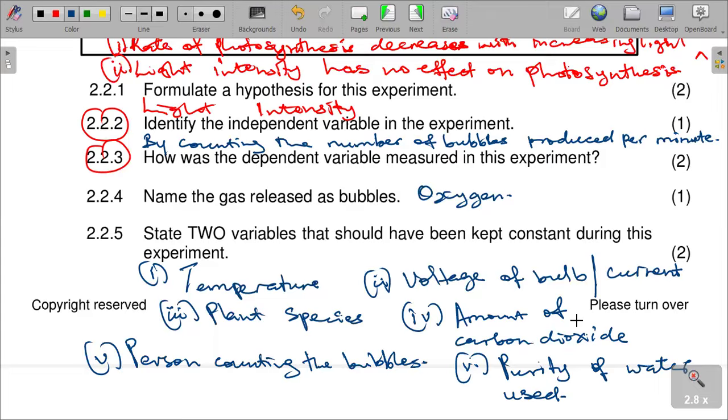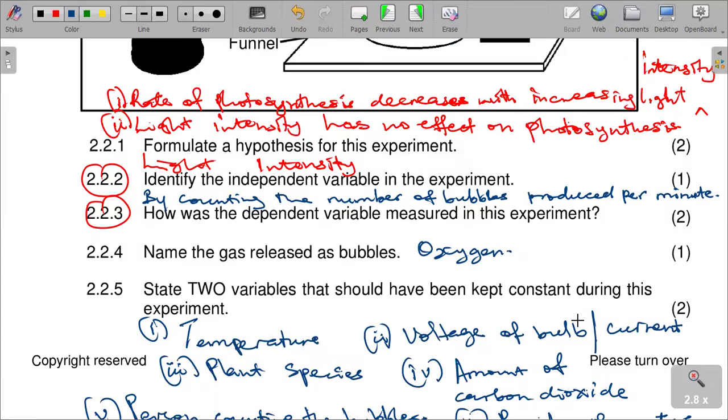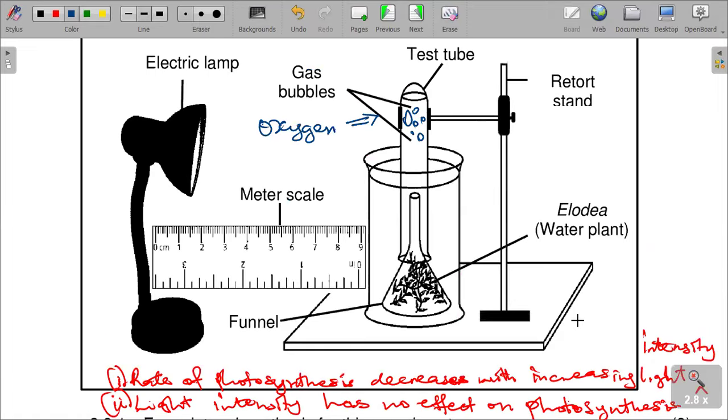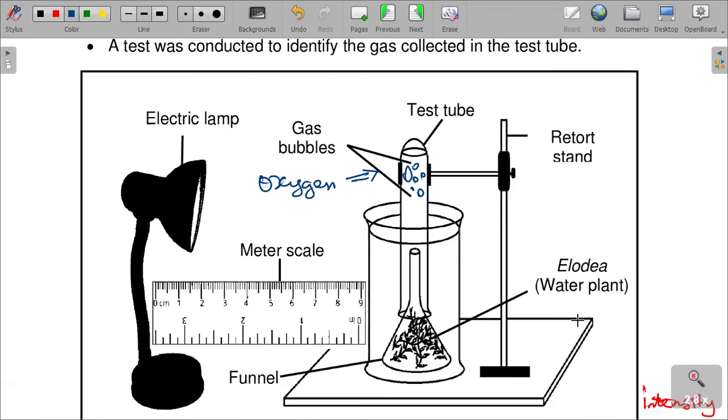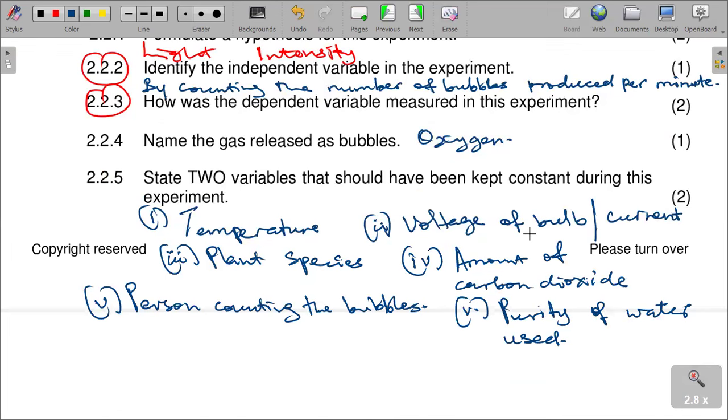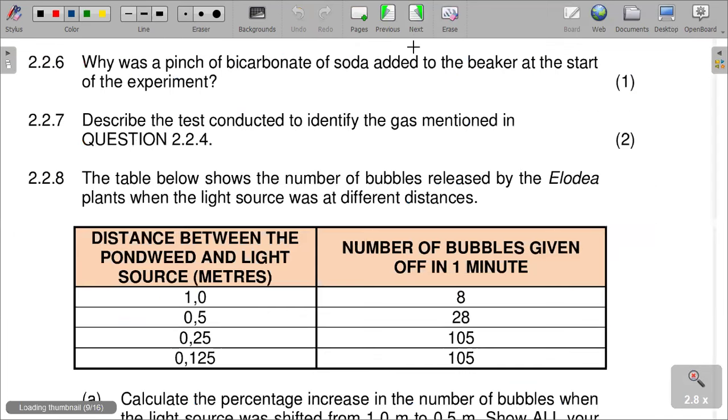The amount of carbon dioxide supplied, the purity of the water, the person counting the bubbles, and eventually the bulb light, which is the current. You understand? I hope that we are making sense and we are still together.